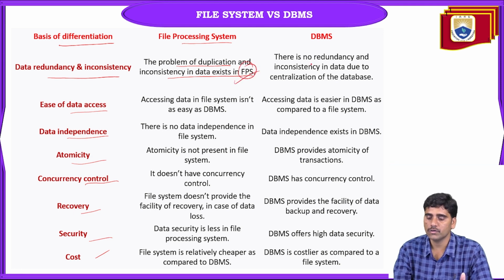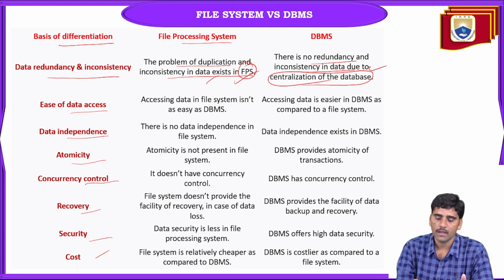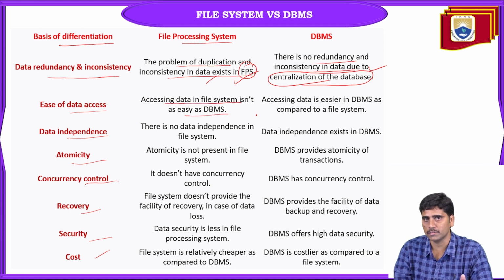And here in DBMS there is no redundancy and inconsistency in data due to the centralization of the database. Accessing the data in a file system is not as easy as in DBMS.